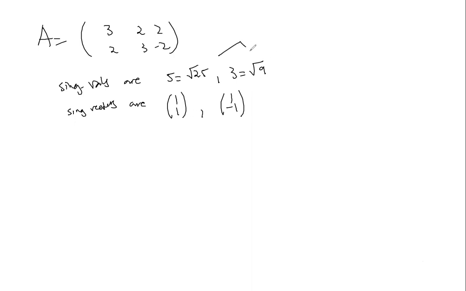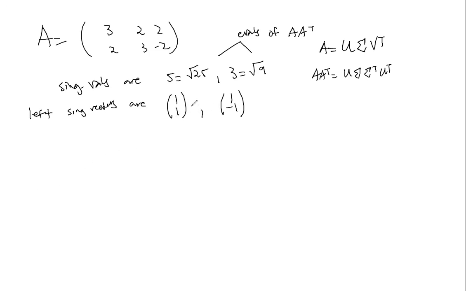Each one of these are eigenvalues of A A transpose, or their squares are. And A equals U sigma V transpose, so these should be the U's, the left singular vectors. Okay, and we should normalize them.